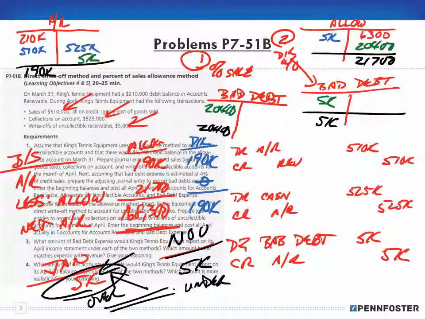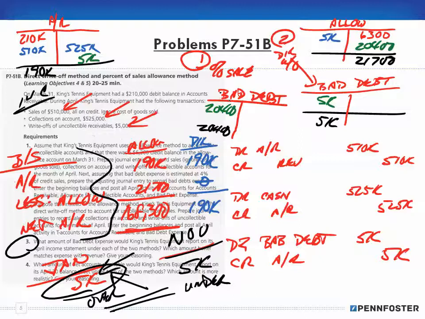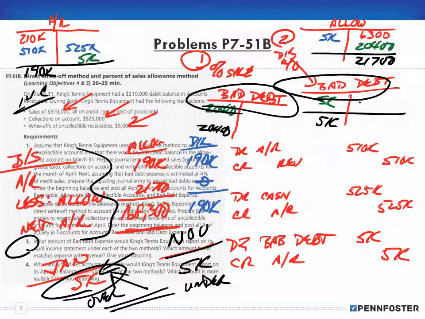But just looking at each and every section, like the balance sheet here, or in problem number 3 where we did the income statement and were talking about bad debt, you can get the gist of the idea of which one is more accurate. Basically, the allowance method is more accurate.